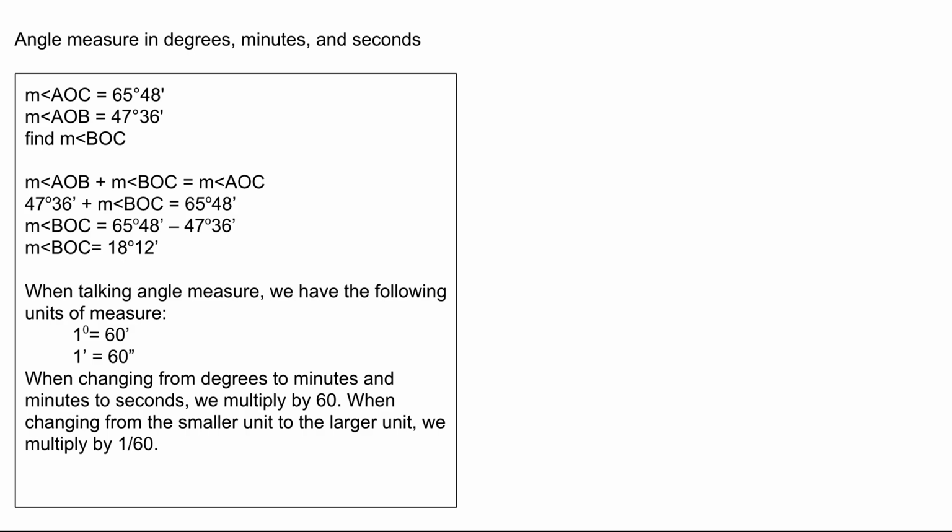Okay, so let's take a look at this example quickly. Angle measure in degrees, minutes, and seconds, and you are given an angle. Measure of angle AOC is equal to 65 degrees 48 minutes, and AOB is 47 degrees. Actually, I'm going to copy this.